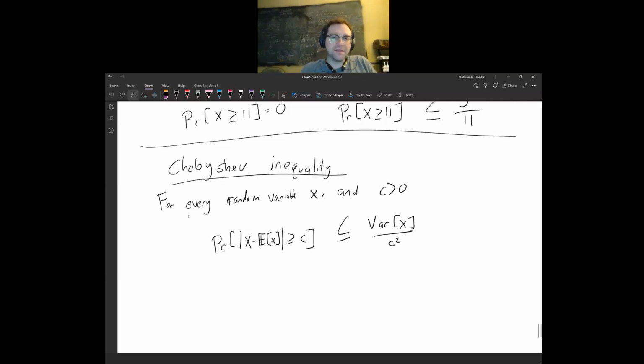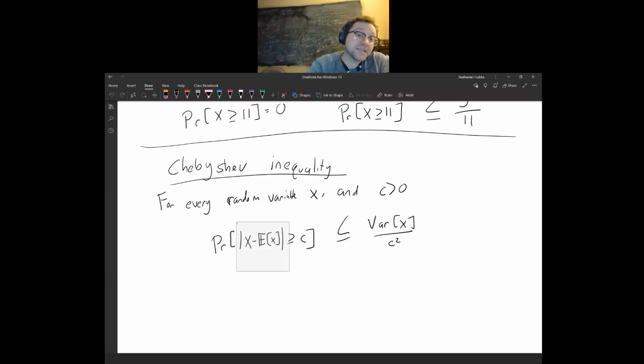Let's look at these things on the left and the right. On the left, this says the absolute value of x minus its expectation. This part is saying the distance from the expected value.